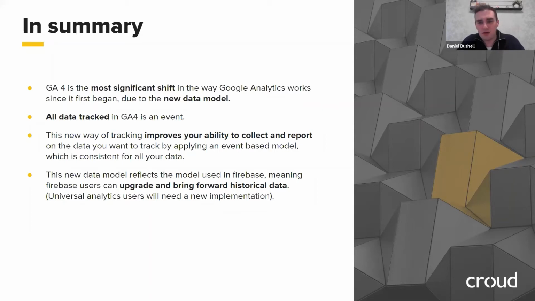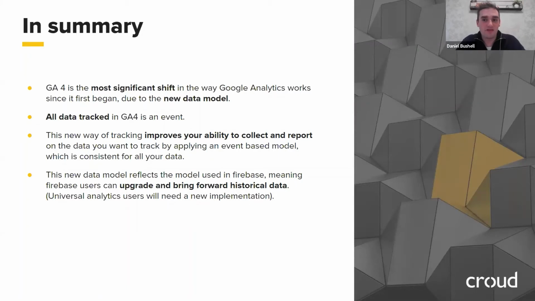And the event-based model that's consistent across app and web makes any measurement framework really, really useful. Something I didn't mention is that for anyone who's used GTM regularly, you might know that this idea of events and parameters is very similar to the data layer structure you would use for Google Tag Manager.